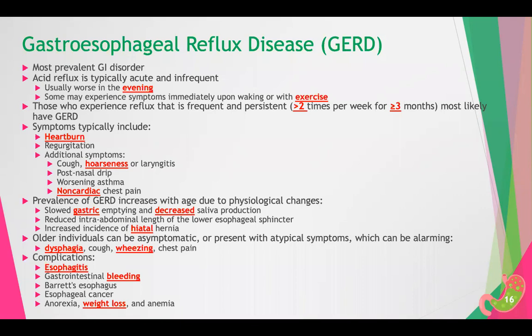But there are lots of different complications of GERD if it goes untreated. So they can experience esophagitis, gastrointestinal bleeding, which is very serious, Barrett's esophagus. It can even cause esophageal cancer, anorexia and weight loss, and even anemia.